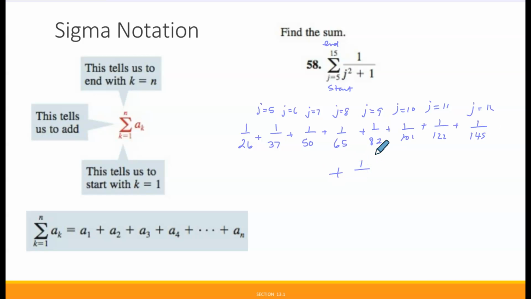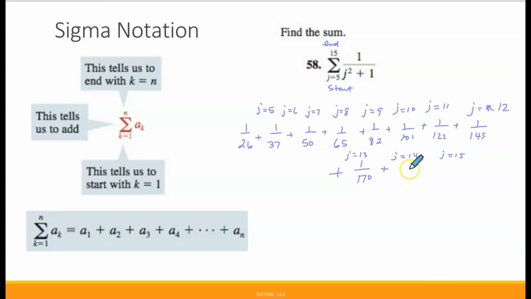J goes to 13. 169 plus 1 would be 170. Okay, so that's J equal 13. Almost there. J equal 14 and J equal 15 are our last two terms.